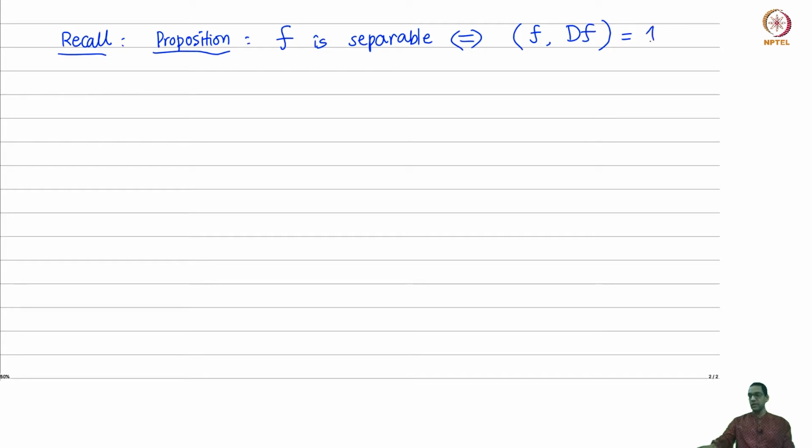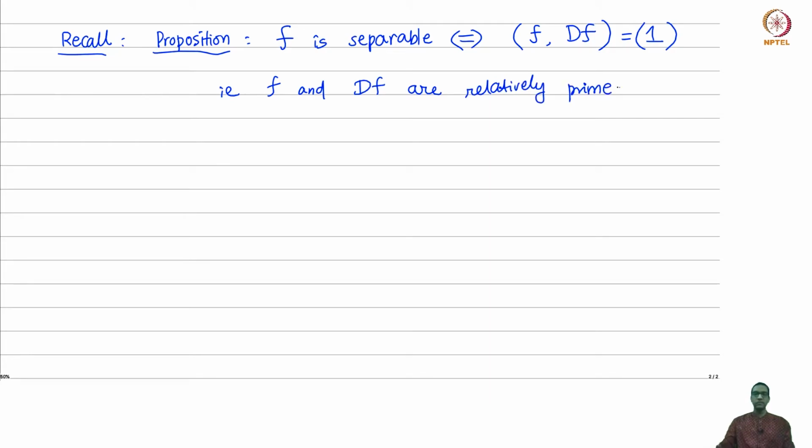This is the ideal generated by f and df, but you can also think in terms of just elements: f and its derivative df are relatively prime, they don't have any common factors. And this is an if and only if condition.